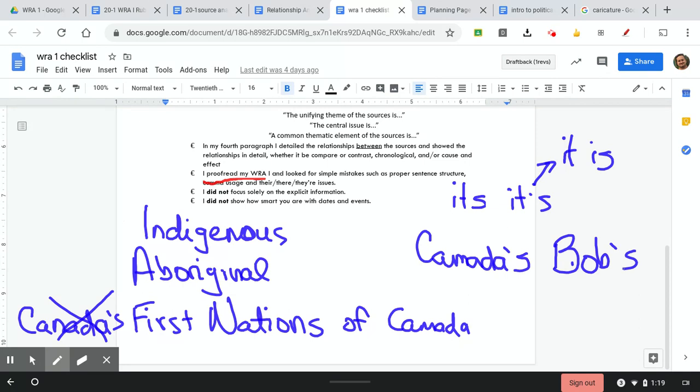These are some of the things that I look for. And if I see it, you're going down a mark. You're not getting a perfect 5 out of 5 communication if you make one of these errors. That's just the way it is. It's fair. Other things in the communication we're looking for are things like sentence structure. Avoid run-on sentences. Have the appropriate use of punctuation.